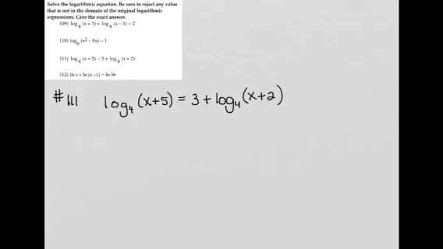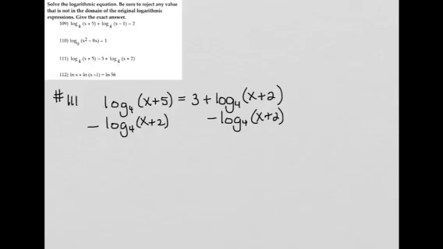And I want to get my two logarithms together. So I can do that by subtracting the log base 4 of x plus 2 from both sides, because I want to write them as a single logarithm, and once I have that, then I can convert to exponential form.